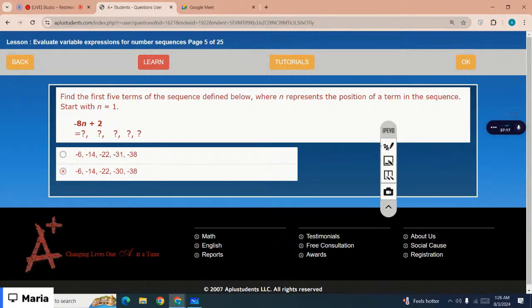Option number 2 is the correct option. Negative 6, negative 14, negative 22, negative 30, and negative 38.